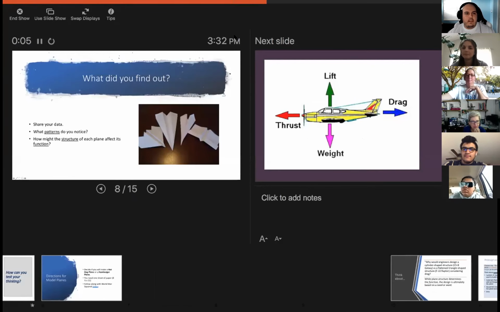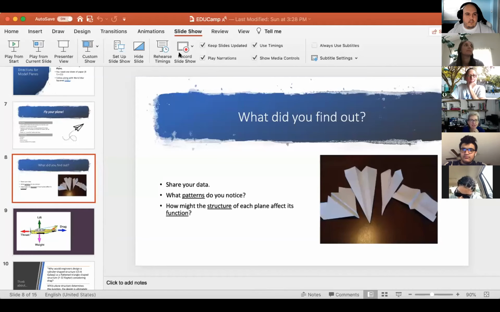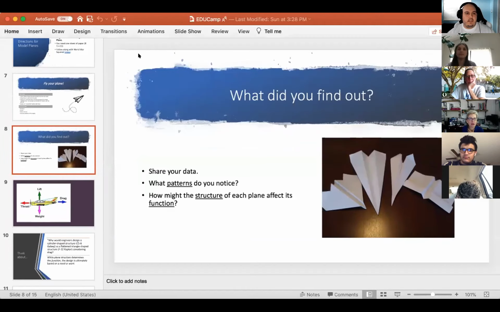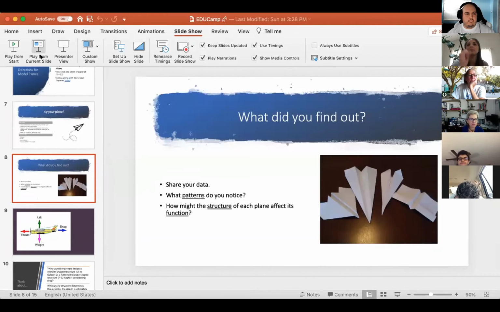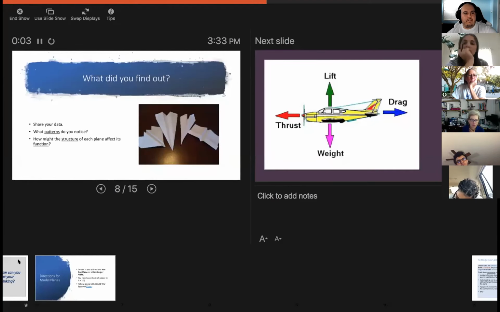Yeah, click the use slideshow button again at the top like we did the first time. Okay. Hold on. I couldn't remember which one I did. No, so go back to click play from current slide. Okay, hold on a second. This one? Mm-hmm. Okay. Now at the top left, the use slideshow tab.